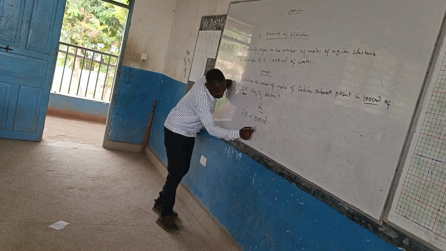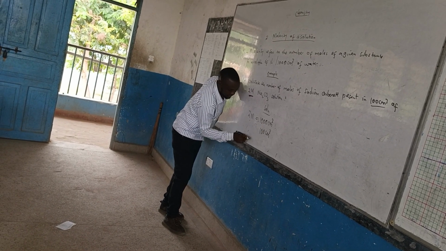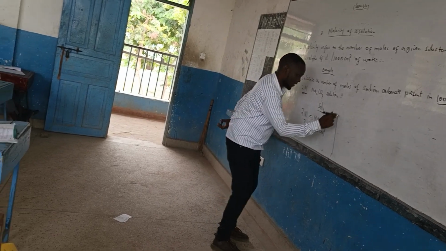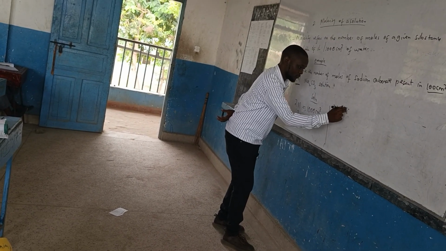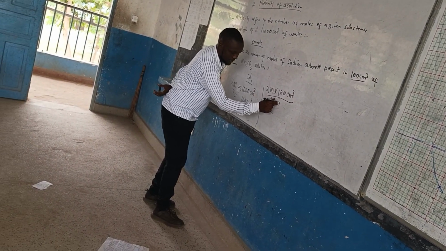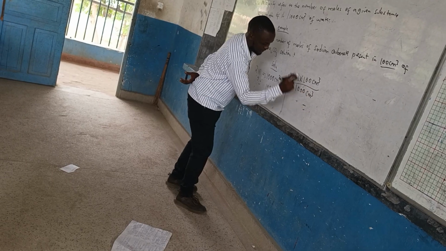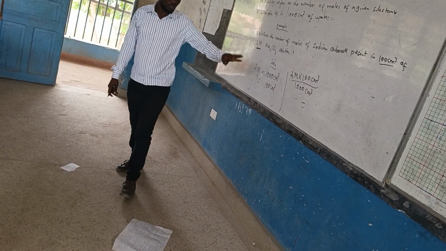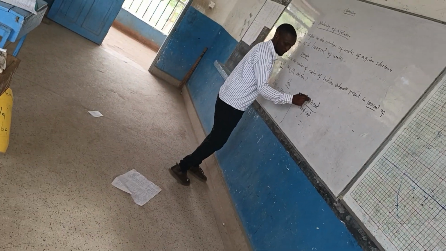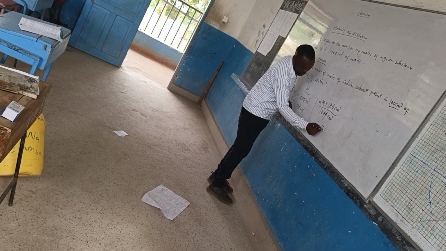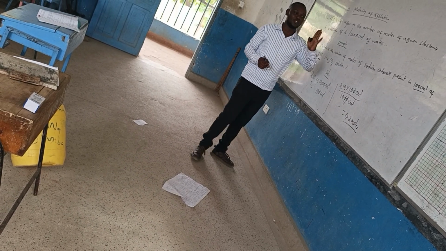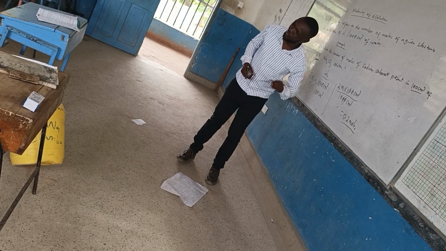What about the number of moles in 100 cubic centimeters? Cross multiplication: 2 molar times 100 cubic centimeters divided by 1,000 cubic centimeters. On the calculator, we get 0.2 moles. So the number of moles in 100 cubic centimeters is 0.2 moles.